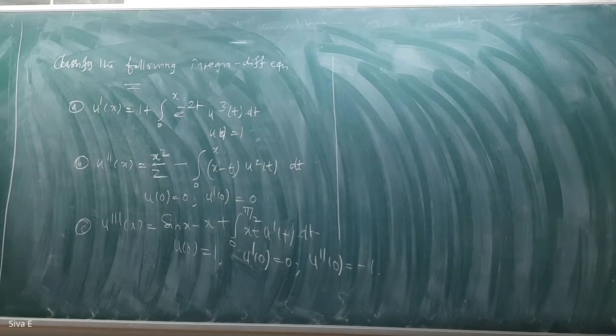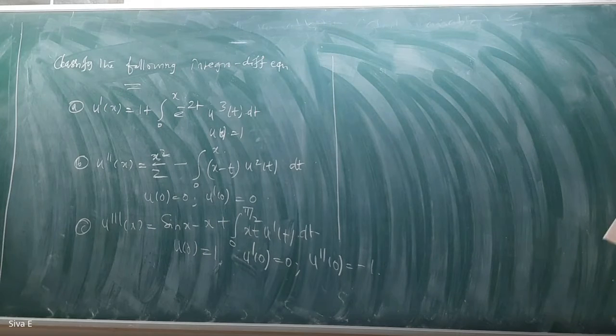Why is it an initial value problem? Why is it not a boundary value problem? Sir, because we have been given the value for u of 0. Hmm, u of 0. But u dash of 0 and u double dash of 0 are there, na? Sir, but for pi by 2 it's not there, sir.